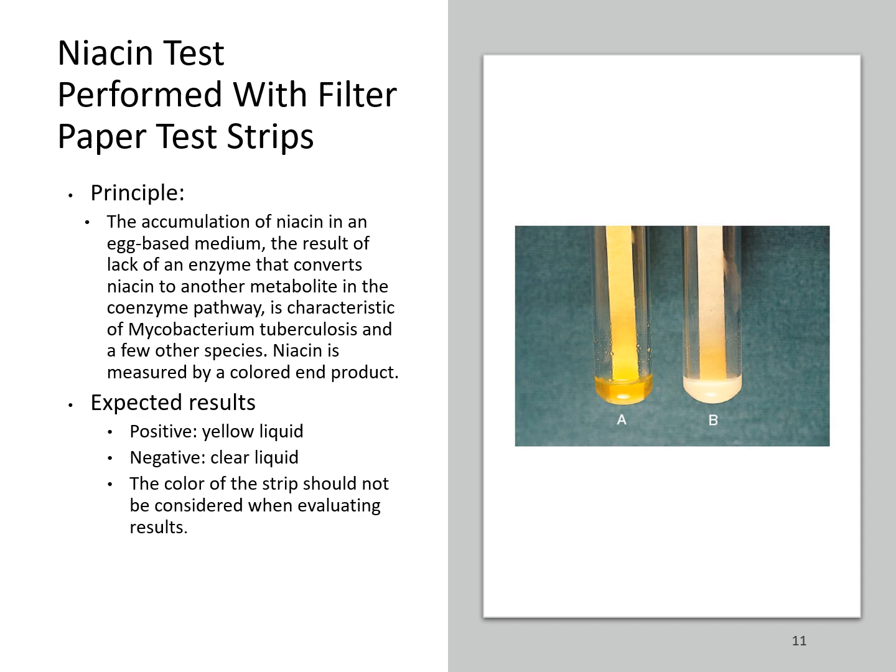But niacin is measured by a colored end product. And so what you're looking for is a yellow color change, and you can see that in the image here, where A has a color change, and that is considered positive, a little sideways there, and then B would be considered negative.